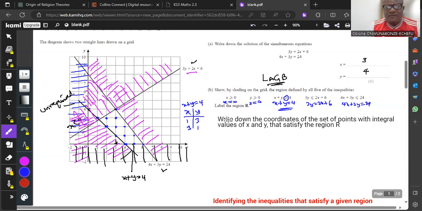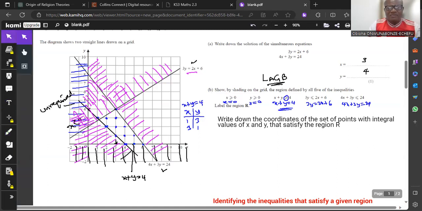So probably the question would have been how many points with integral x and y values satisfy the given inequalities. All right. So what you do in that case is now to count 1, 2, 3, 4, 5, 6, 7, 8, 9, 10, 11, and 12. So there are actually 12 points. So that's how to answer questions like that. So let's go to the next one.